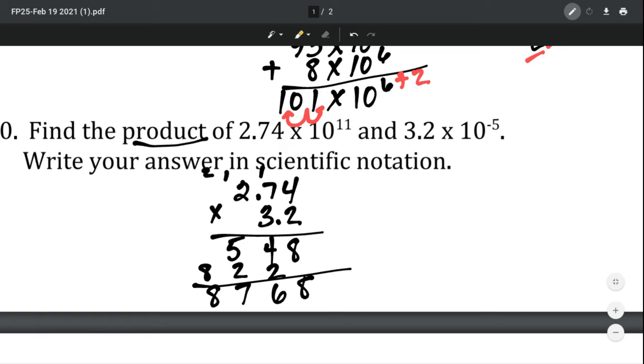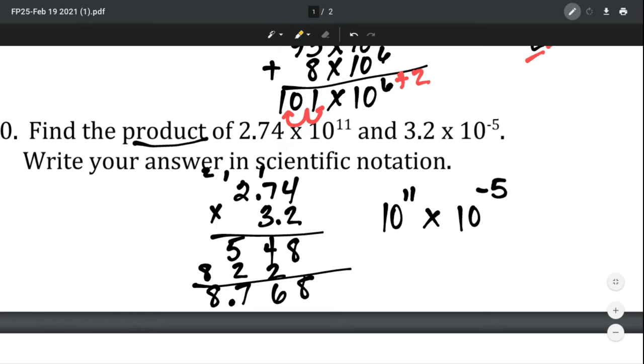We're going to have to place that decimal. Let's see, there's 1, 2, 3 places behind those decimals. So 1, 2, 3. And then we're dealing with the scientific notation. So I have 10 to the 11th times 10 to the negative 5th.